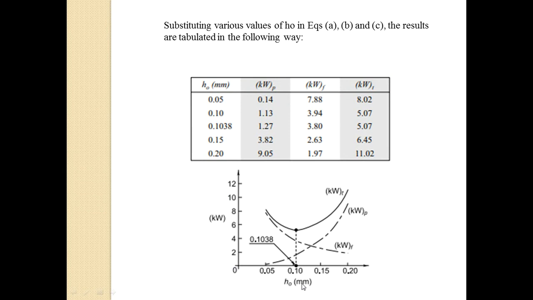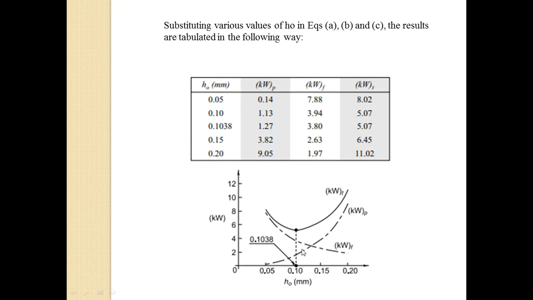The energy losses vary from 0 to 12, that is 0, 2, 4, 6, 8, 10, 12, and here is 0.05, 0.10, 0.15, 0.20, that is the film thickness. Now see this graph. The first graph is kilowatt P, or energy losses because of the lubricating oil.